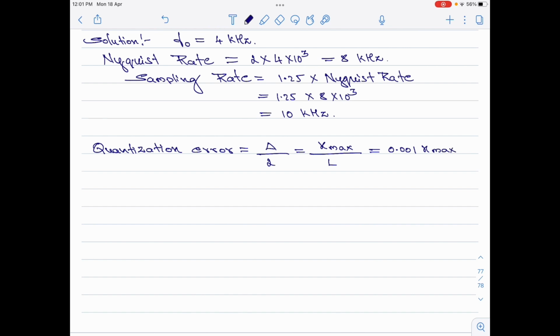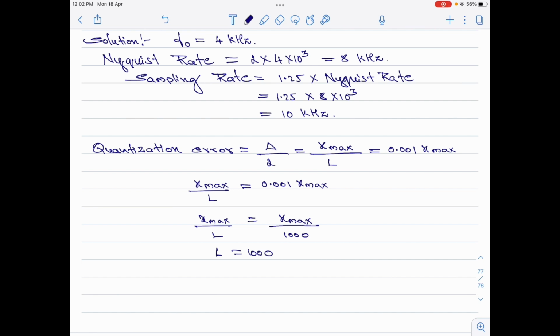So, we have now an equation x max divided by L equal to 0.001 x max. I can write this as x max divided by 1000, which is x max divided by L. Therefore, the value of L is equal to 1000.